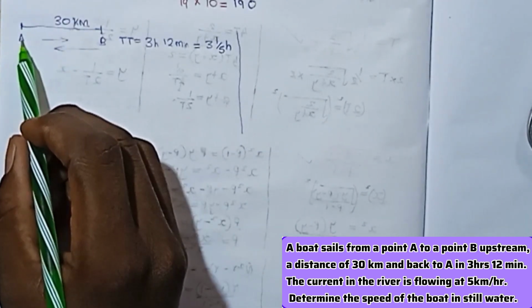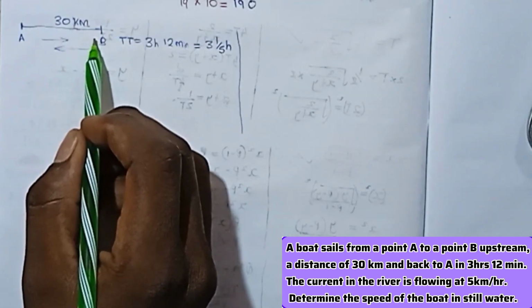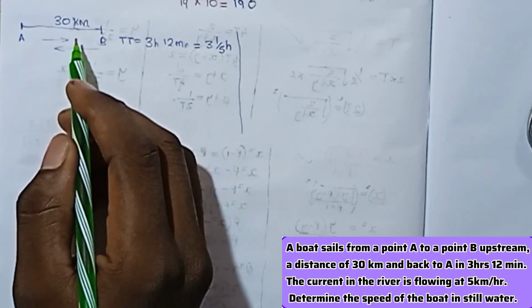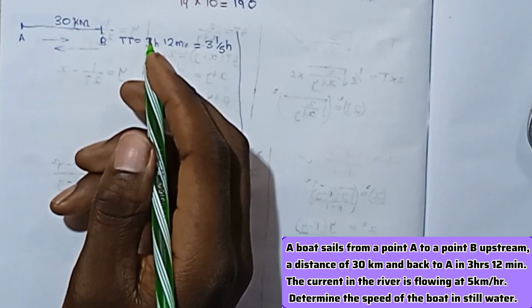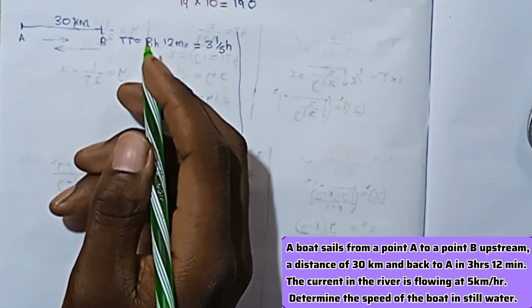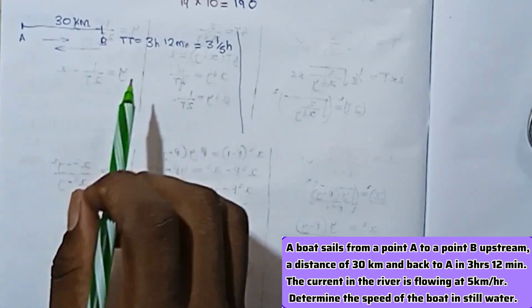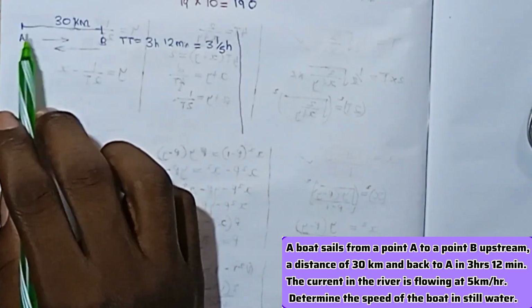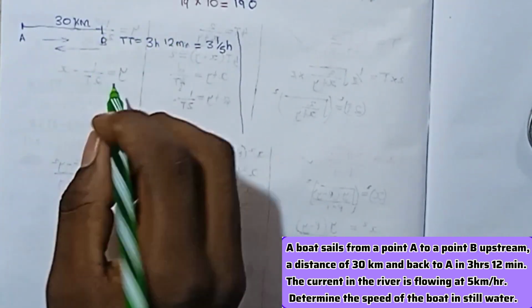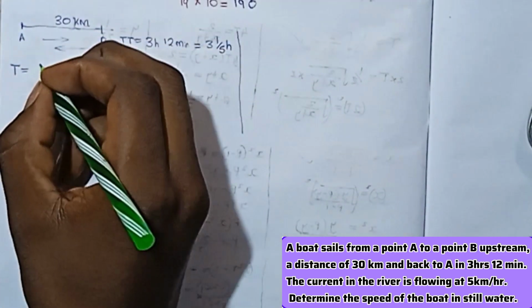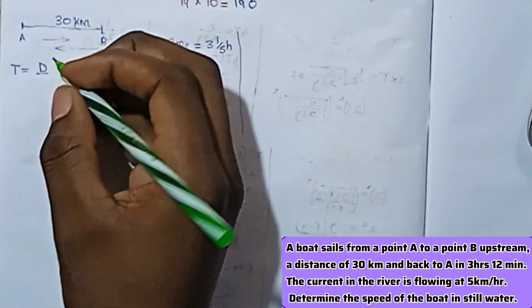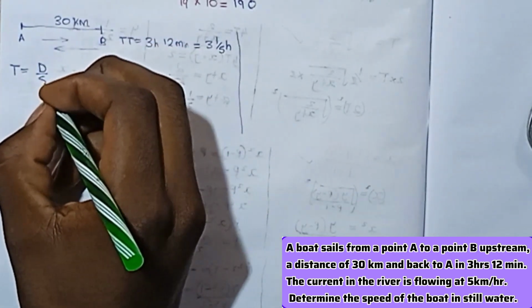When the boat is going upstream, it will take more time because the current in the river is flowing in the opposite direction. So to get the time taken from A to B going upstream, time is given by distance over speed.